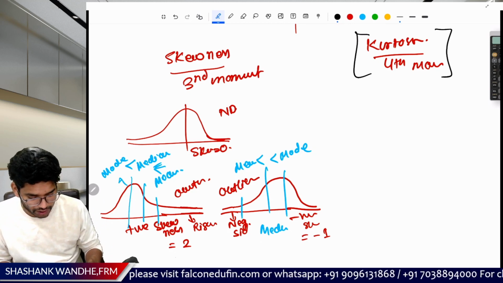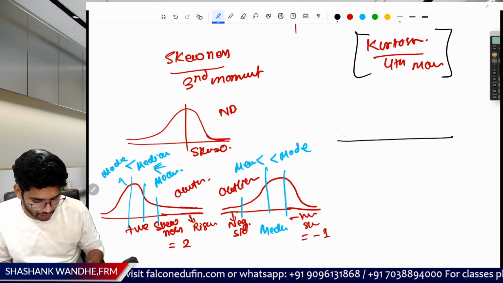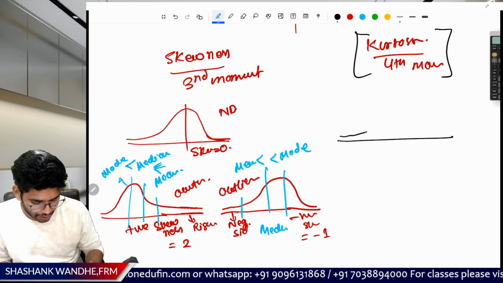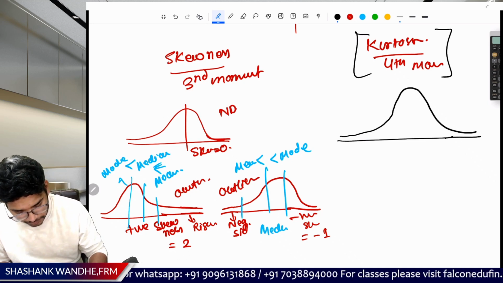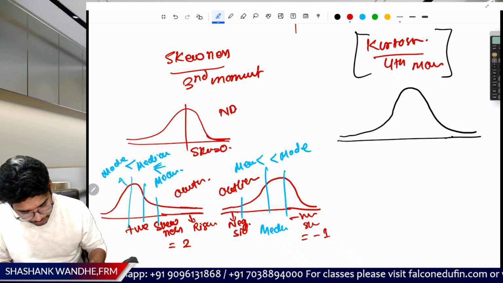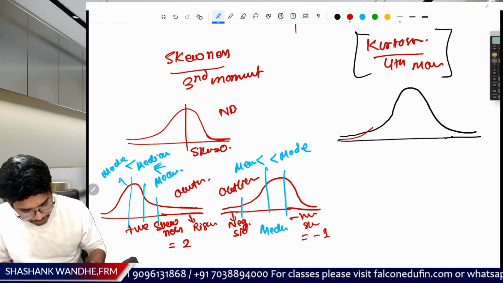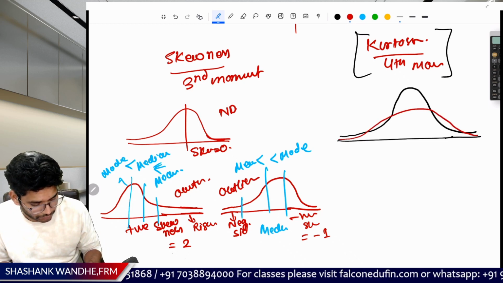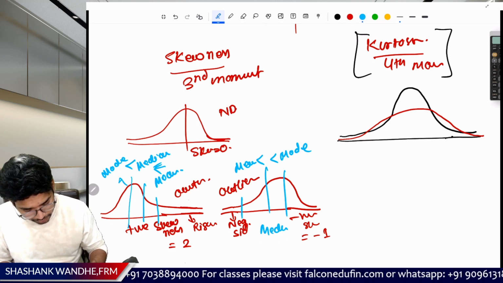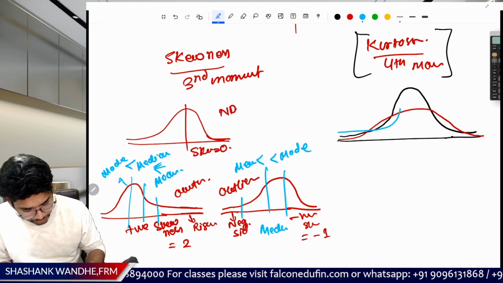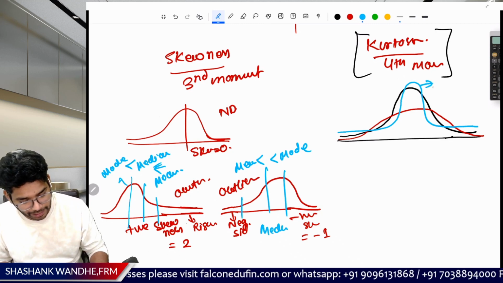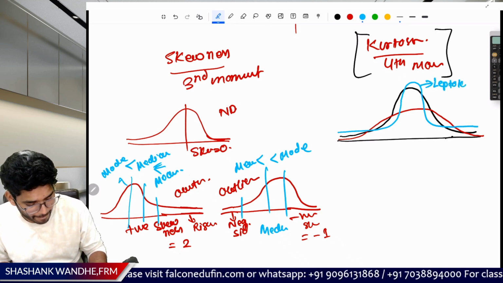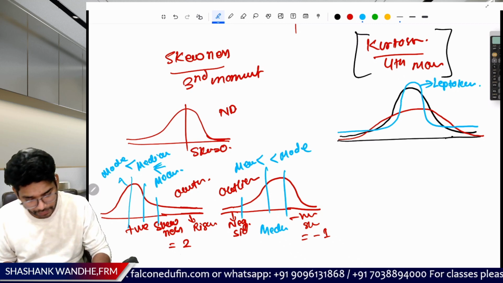Then we have the kurtosis. So kurtosis tells us about the peakedness in the data. Okay, so this is leptokurtic. This is known as the leptokurtic.